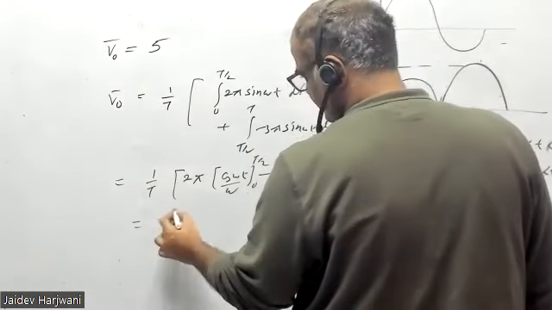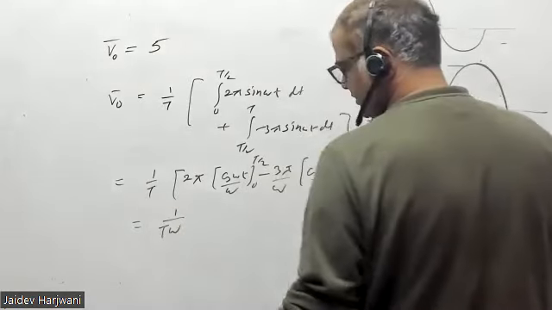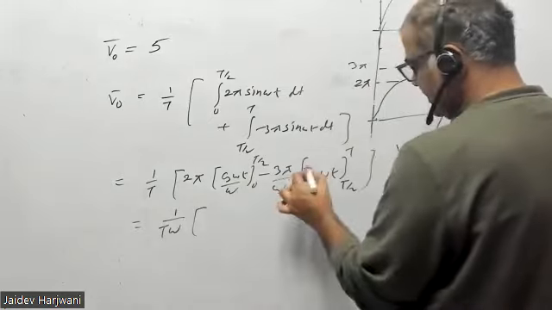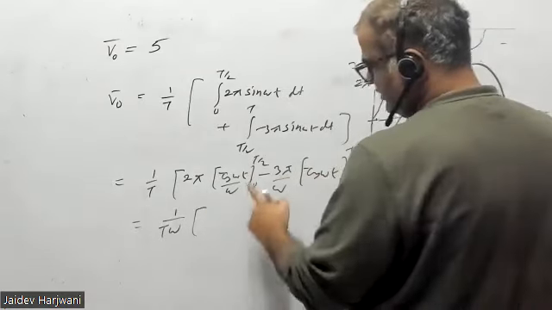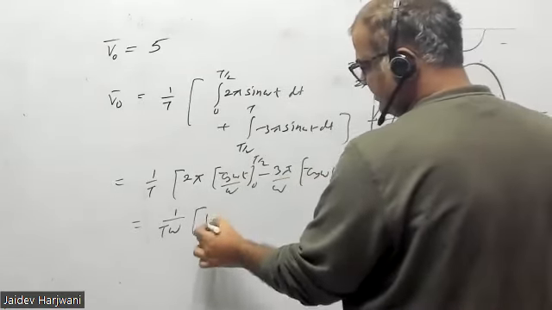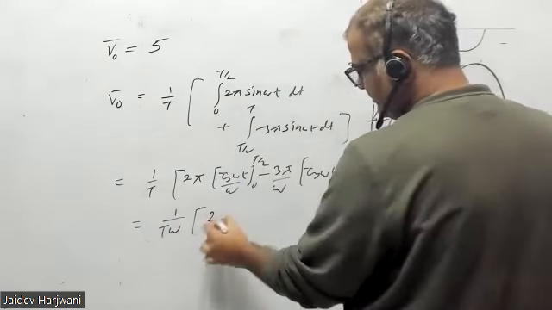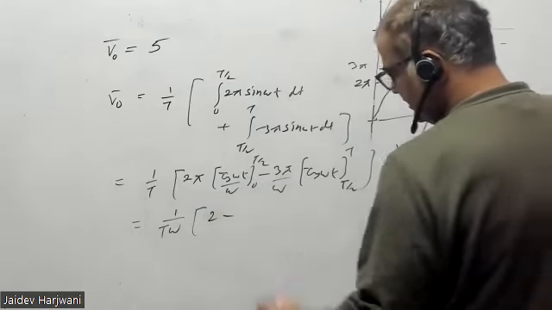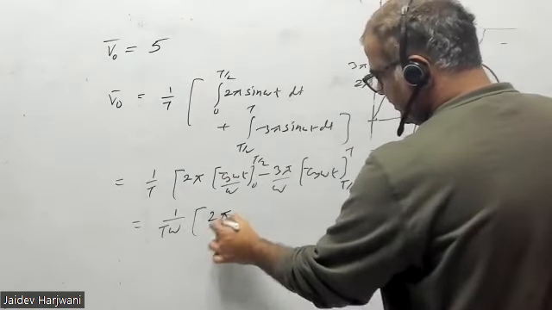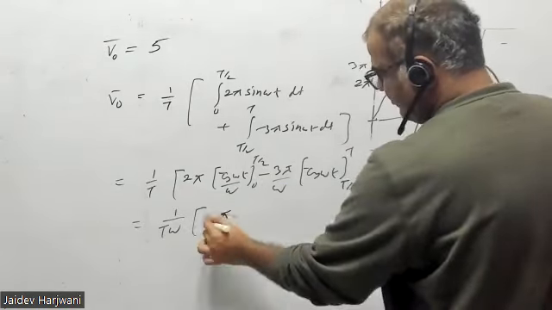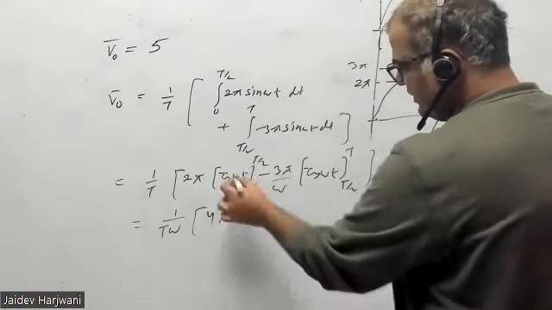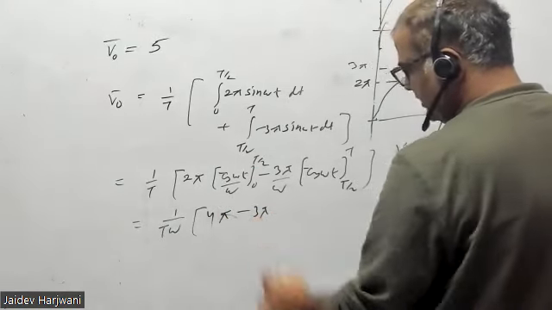So 1 by T omega, a negative sign will come. Negative, right, as well. So 1 minus minus 1 will become 2, so 2 pi becomes 4 pi. Minus 2 will come from here, with minus 3 pi.